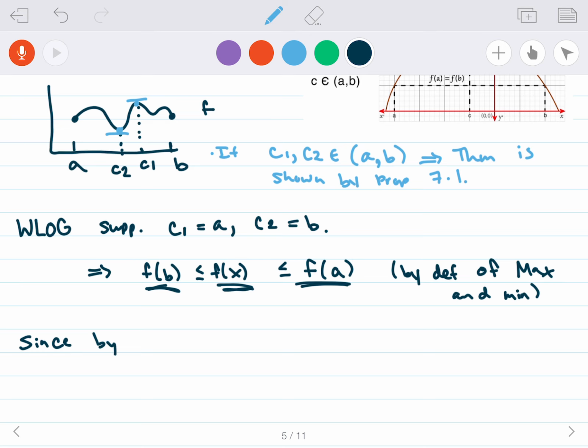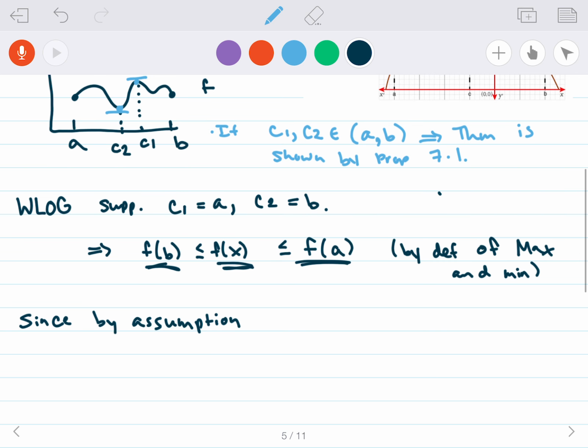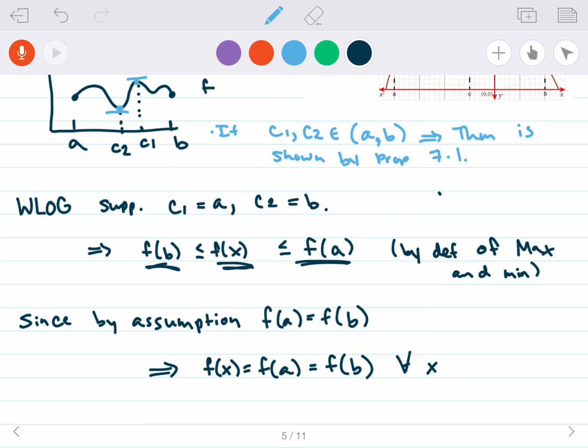Since by assumption, what was our assumption? Our assumption was that f of A is equal to f of B. This is going to imply, by this inequality here, that f of x is forced to be f of A and f of B for all x in our interval.